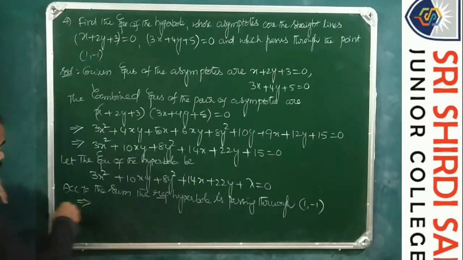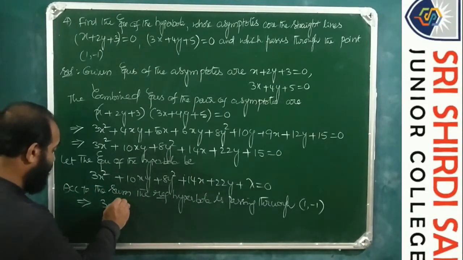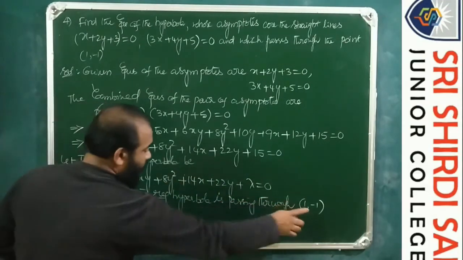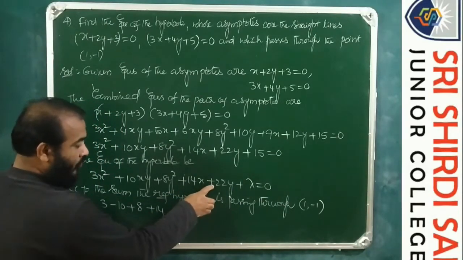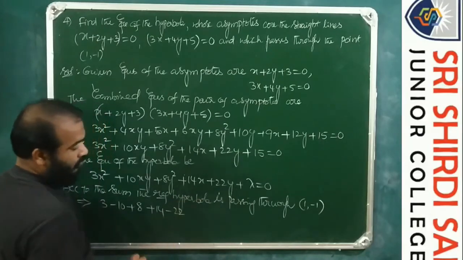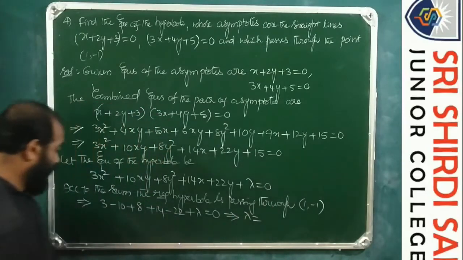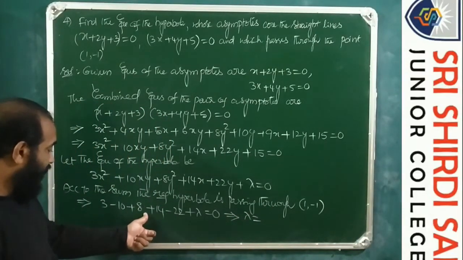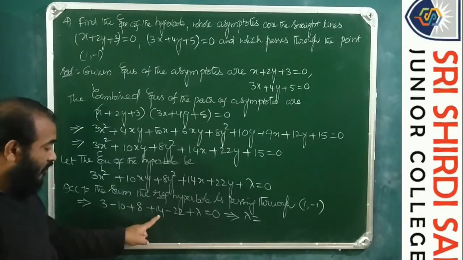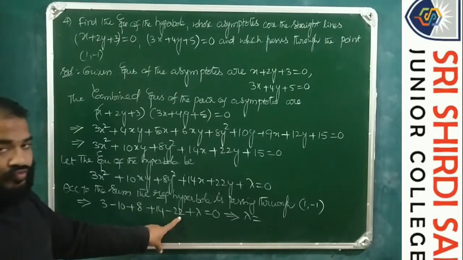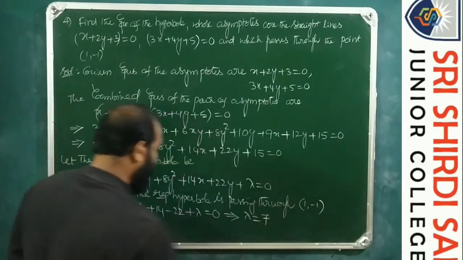So this implies 3 into 1 square, 3, 10 into 1 into minus 1, minus 10, plus 8 into minus 1 square, 8, 14 into 1, 14, 22 into minus 1, minus 22, plus lambda is equal to 0. So from this, 3 plus 8 is 11, 11 minus 10 is 1, 1 plus 14 is 15, 15 minus 22 is minus 7. If you take it to that side, lambda is plus 7.